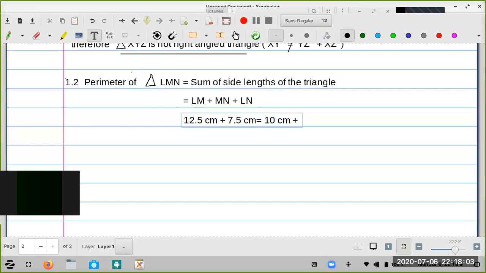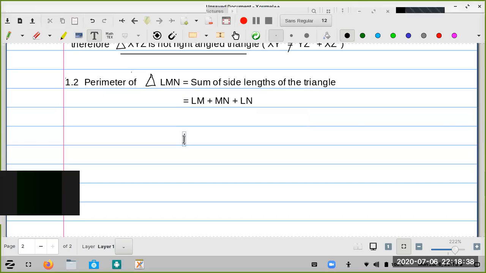Something happened again. I did not take note of what is happening there. Right, so we had the first one being 10 centimeters, the second one being 12.5, and the third one being 7.5.